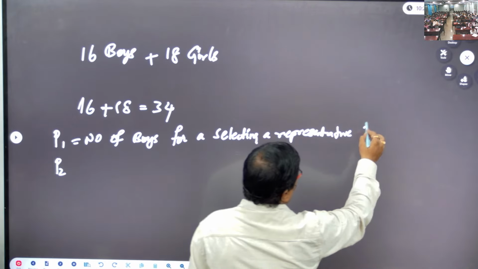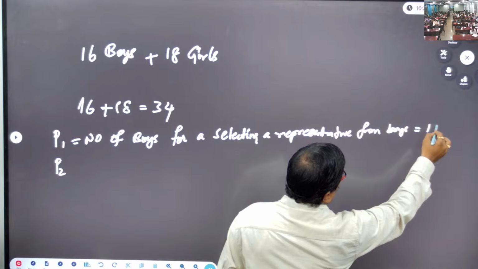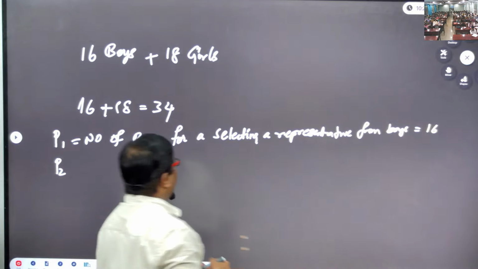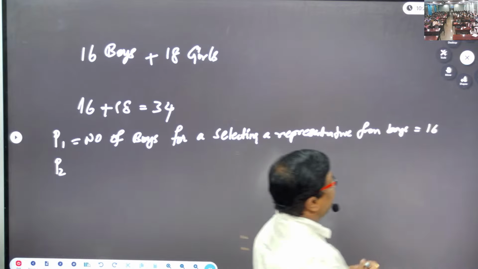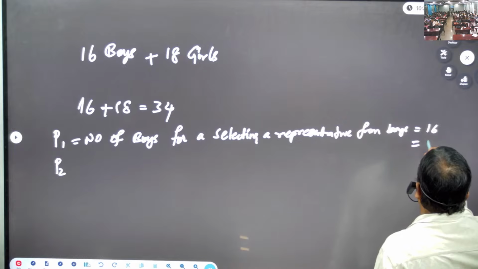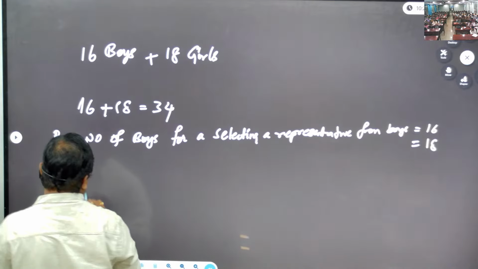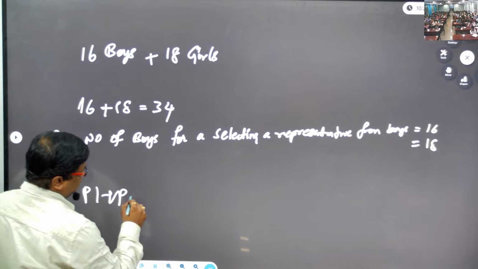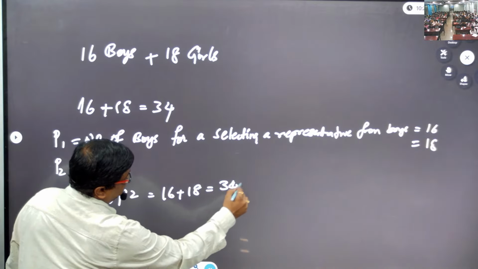What is the count? 16. Next, P2 is number of ways for selecting a representative from girls, which is 18. In the next line, you will be writing P1 plus P2. That is 16 plus 18, which is equal to 34 ways.